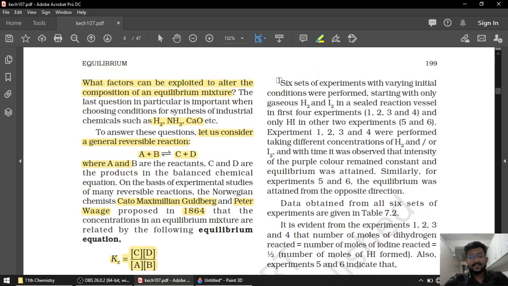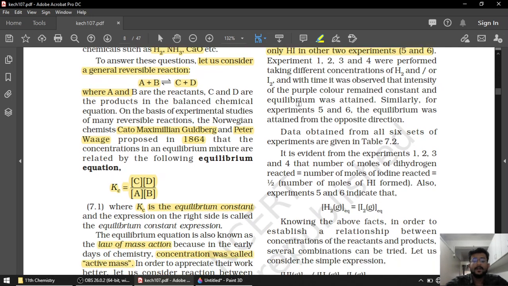Now 6 sets of experiments with varying initial conditions were performed, starting with only gaseous H2 and I2 in a sealed reaction vessel. The first 4 experiments were taken like this, and the 5th and 6th were taken with HI, the reversible reaction.